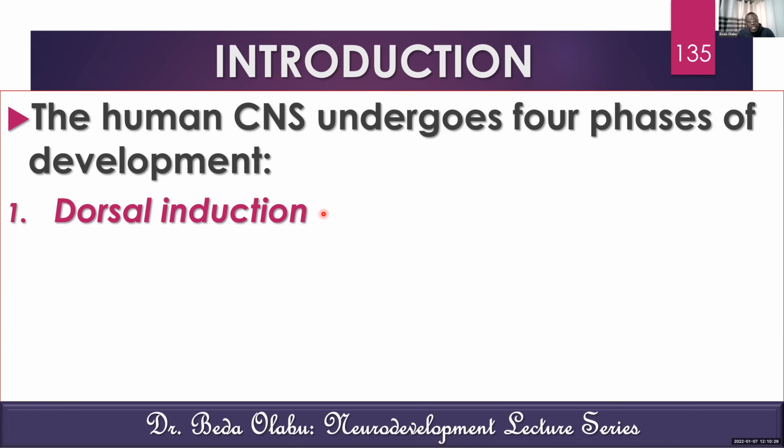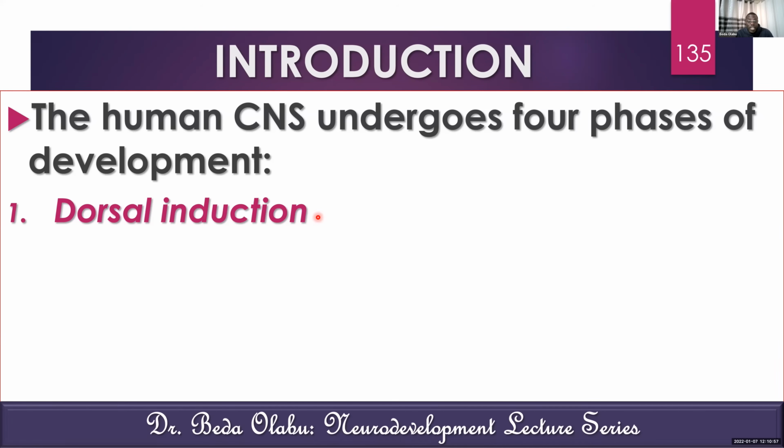The first phase that I want to highlight is the phase of dorsal induction. The phase of dorsal induction involves the formation of the neurotube. So basically, when you talk of the phase of dorsal induction, we are referring to the period of neurulation. And remember, we have primary neurulation and secondary neurulation.